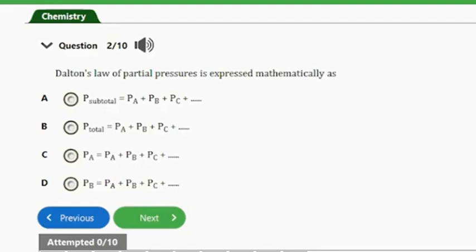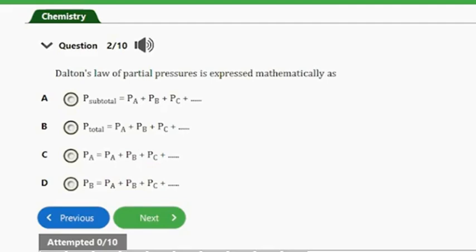Then B says P of total is equal to P of A plus P of B plus P of C, and so on. Option C says P of A is equal to P of A plus P of B plus P of C, and so on. Option D says P of B is equal to P of A plus P of B plus P of C.